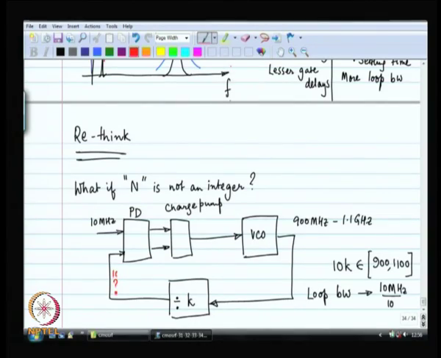So, if this is also a 10 megahertz signal, may or may not be, it all depends on how I do this division. So, supposing it also looks like a perfect 10 megahertz signal, in that case the spurious tones will appear at a spacing of 10 megahertz.